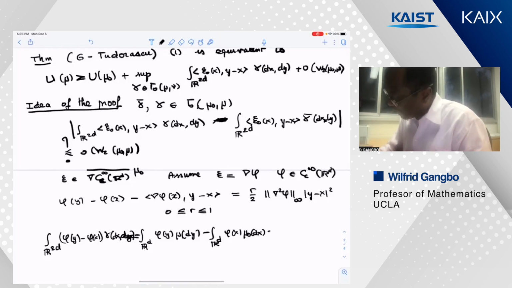Because gamma bar has mu naught and mu as marginals, this is the integral of phi of y minus phi of x, gamma bar dx dy.